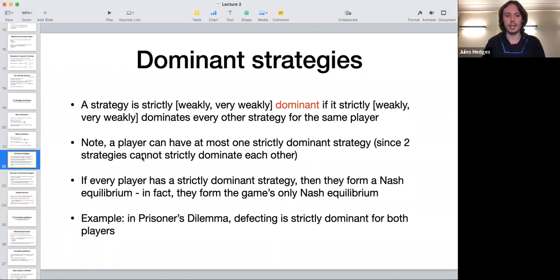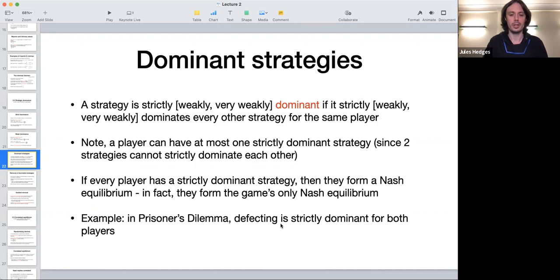So it turns out that if every player has a strictly dominant strategy, then the strategy profile formed by those strategies forms a Nash equilibrium, and in fact it forms the only Nash equilibrium of that game. An example of this is Prisoner's Dilemma. In Prisoner's Dilemma, defecting is a strictly dominant strategy for both players.